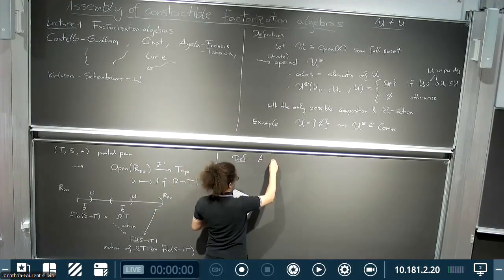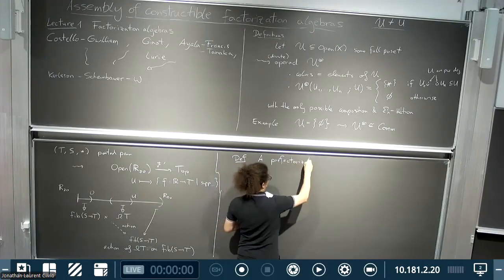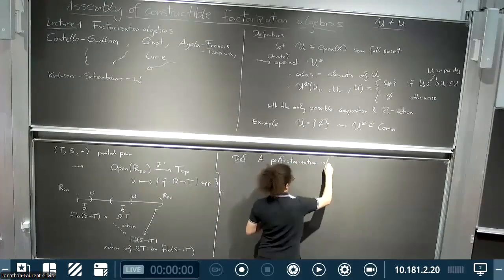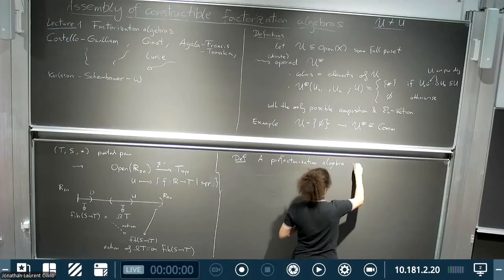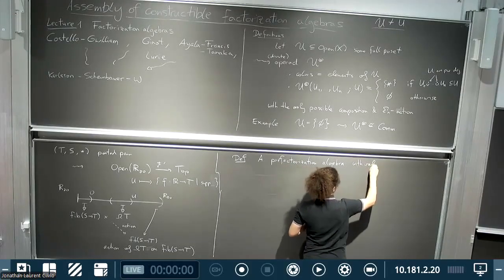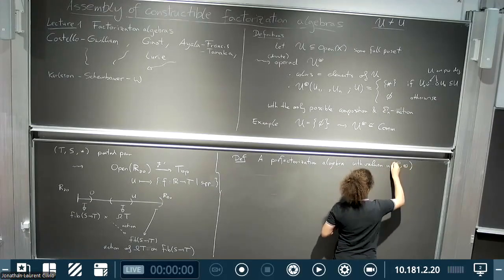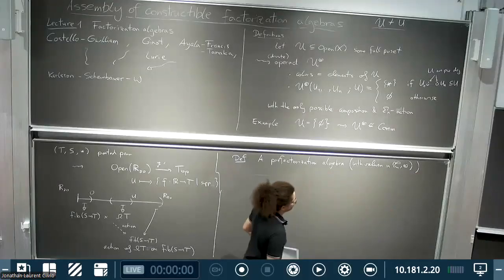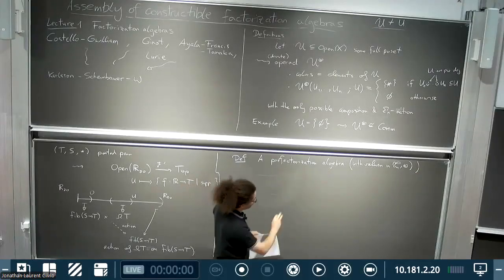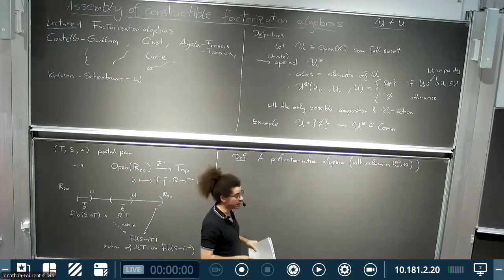A prefactorization algebra with values in C, and this part I will usually not mention explicitly because our C is always going to be fixed. So I won't really mention where our factorization algebras take place. It's always just going to be our fixed C.